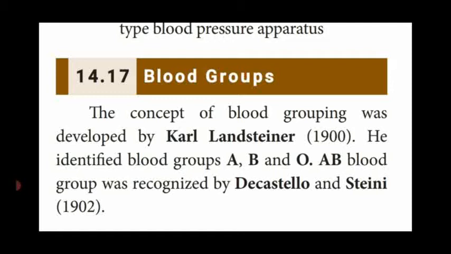Out of these four, A, B and O were identified by Karl Landsteiner, and the AB blood group was recognized by De Castello and Sturli. The remaining A, B and O were observed by Karl Landsteiner.